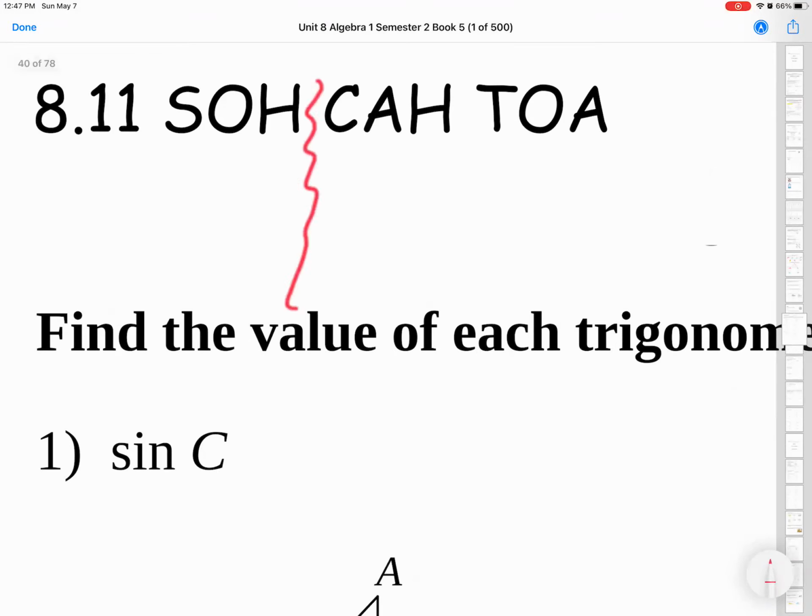Now, this acronym is broken up into three different little trig functions. The first one is the sine function. Okay. And that stands for opposite over hypotenuse.